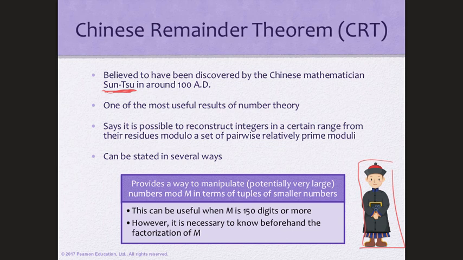So let me elaborate a little bit on what I mean by this before we go into the description of the theorem itself. Imagine that I was able to represent a number x in terms of some coefficients a, b, and c, multiplied by some factors, let's say m1, m2, and m3, where those factors m1, m2, and m3 are factors of the domain or the modulus that I'm dealing with.